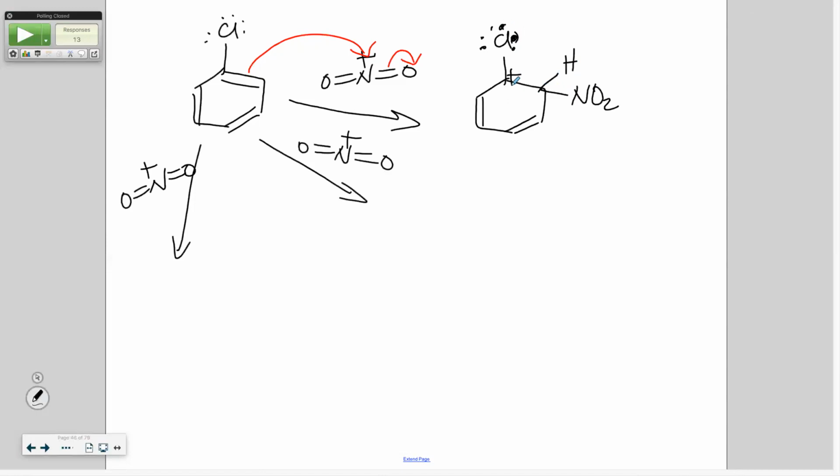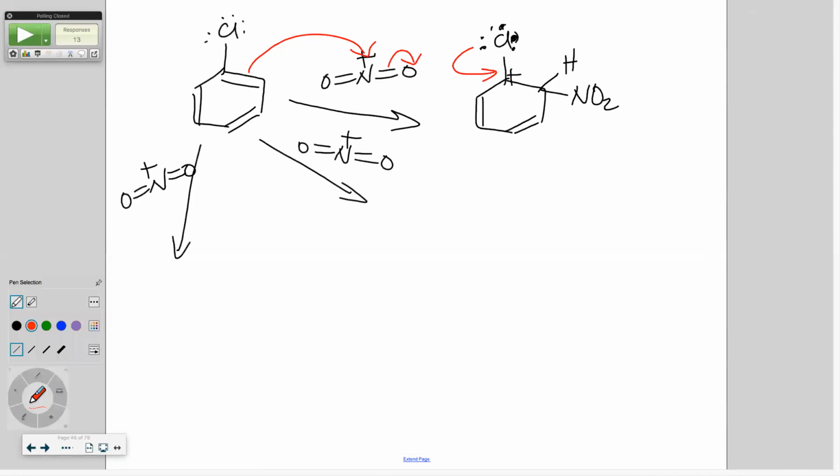Okay, now what are we going to do? We're going to draw resonance forms. Now, you can draw the resonance forms where the double bond moves around the ring. But there's an extra one for this, where the chlorine donates an electron pair to the plus.